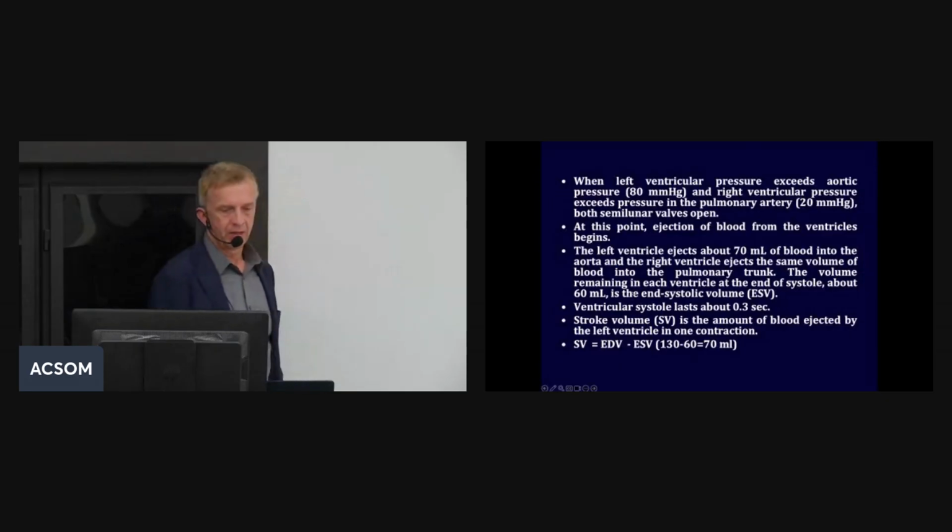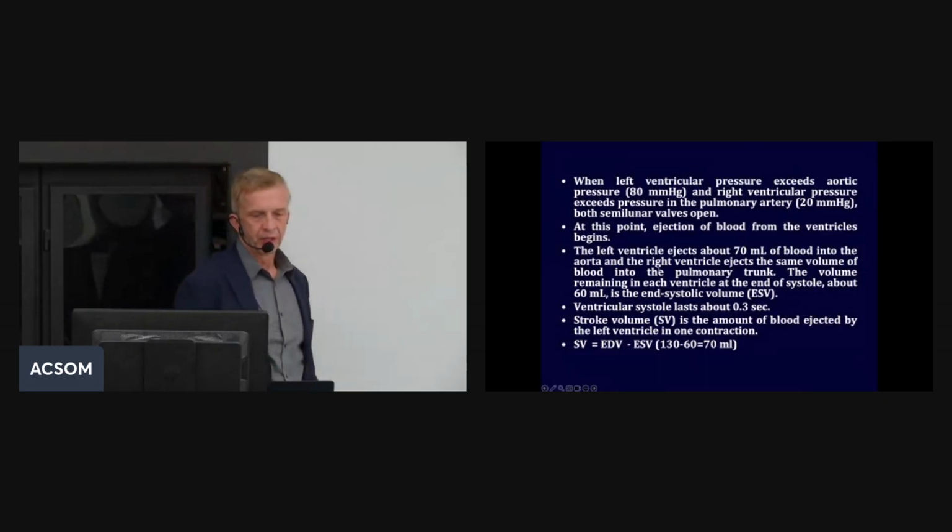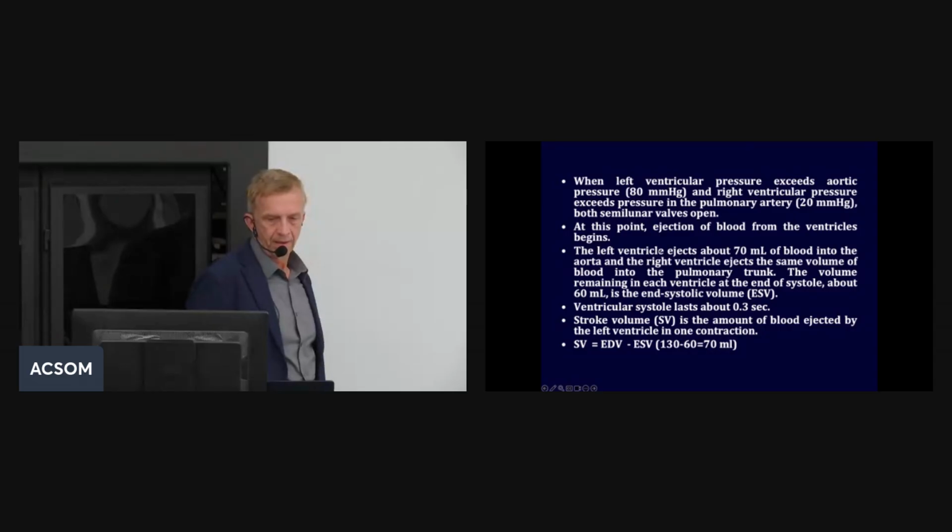So the left ventricle ejects about 70 milliliters of blood into the aorta, and the right ventricle has to eject a similar amount of blood to the pulmonary vasculature. The volume that remains in the ventricles is about 60 milliliters, and it's called end systolic volume.